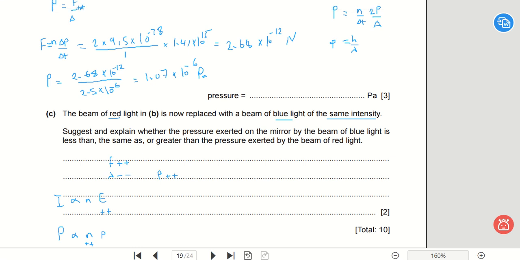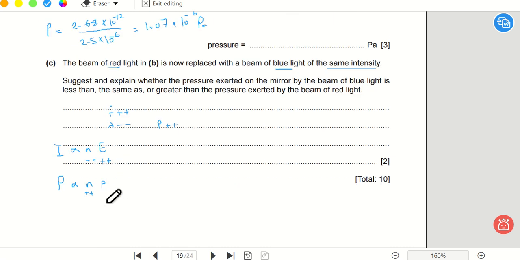Okay, so we have here N decreases, and p increases, so we expect pressure to be the same, because an increase in p will cancel the decrease in N, and we will have pressure the same.